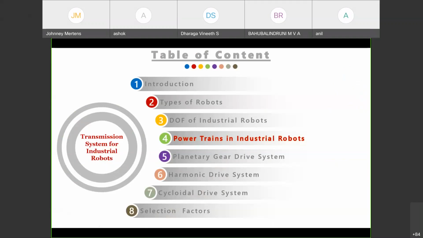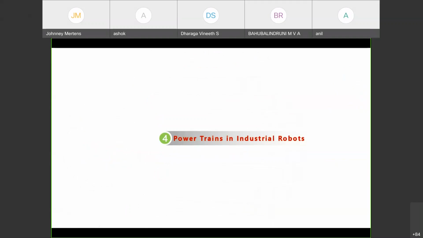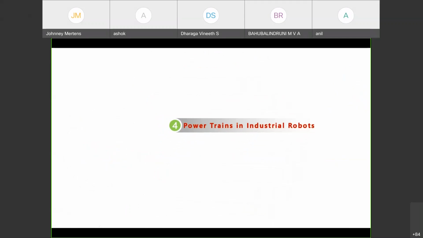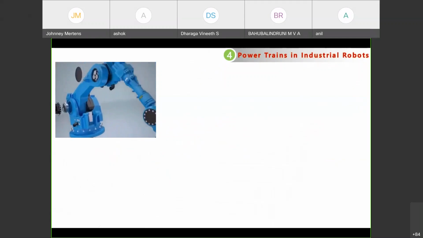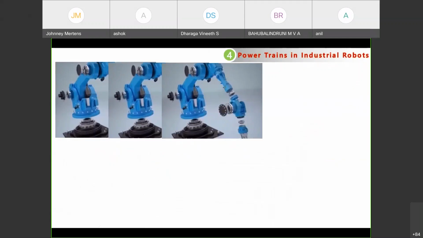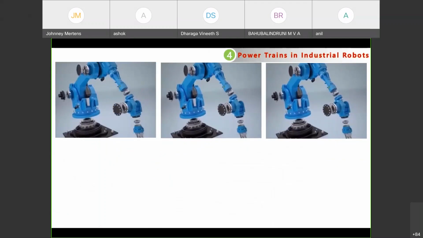Next, coming to the powertrains. What are the powertrains? Now I'm showing the articulated robot video again. Please look into it carefully, along with the corresponding exploded view of the articulated robot, in which I first start with how many links there are.